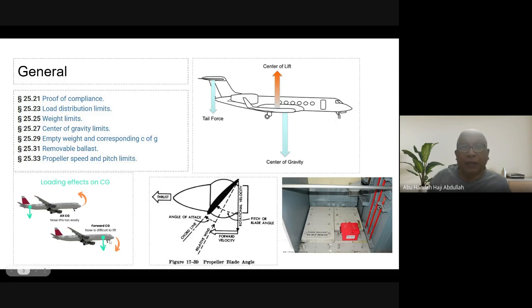Similarly, if the CG is too far forward, the aircraft tends to nose dive, so you have to have enough elevator force to lift up the nose. For the case of the 737-8 MAX, for example, there was a modification on the engine, and the aircraft tends to dive nose down.